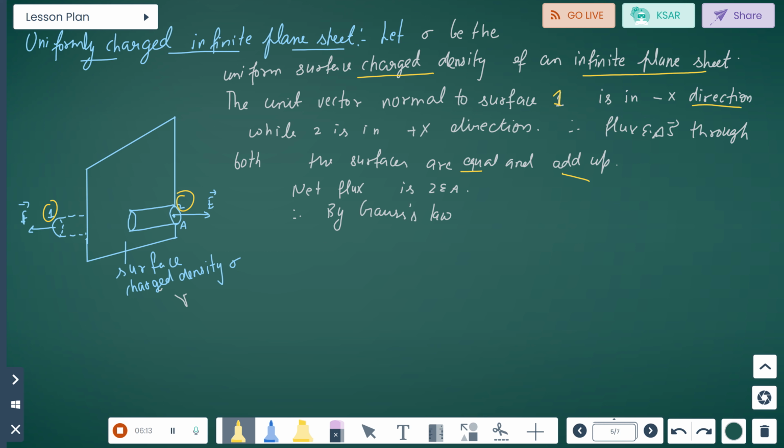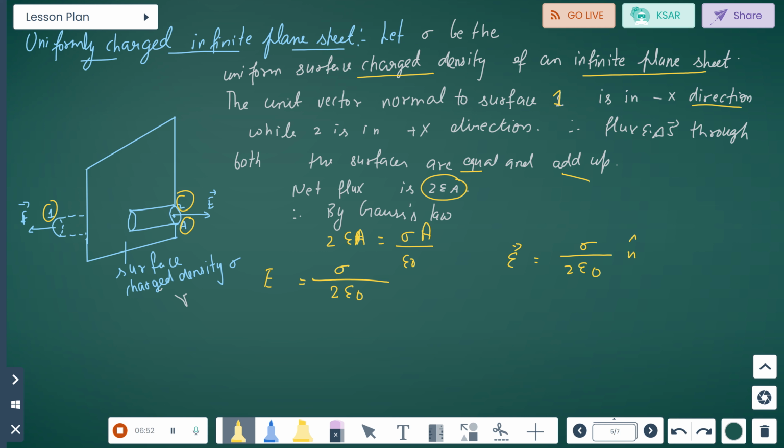Then the net flux is 2EA. So by Gauss law we have 2EA equals sigma A divided by epsilon naught. So E equals sigma by 2 epsilon naught, because E cancels out of both sides, and A as well. And vectorially we can say that E vector equals sigma divided by 2 epsilon naught n vector. Okay.